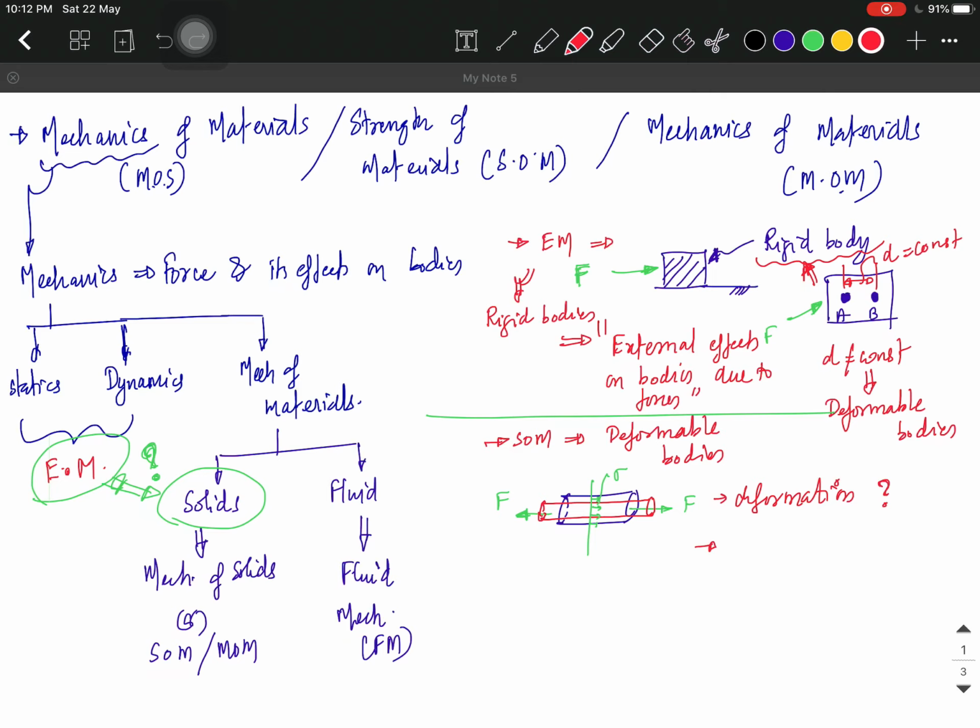So in strength of materials, we will be dealing with the deformations along with the internal effects that are occurring within this body. This is the fundamental difference between engineering mechanics and strength of materials. From this lecture onwards, we will be dealing with strength of materials, the deformations and the internal effects occurring in these bodies upon various kinds of loads. Okay, so that's it.